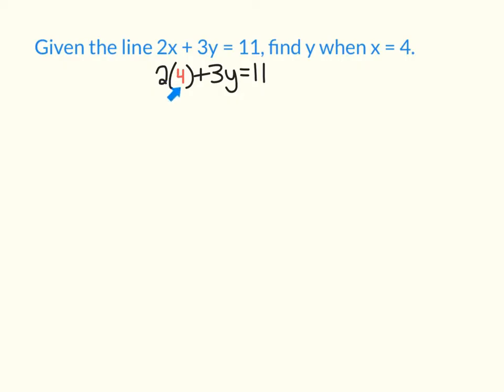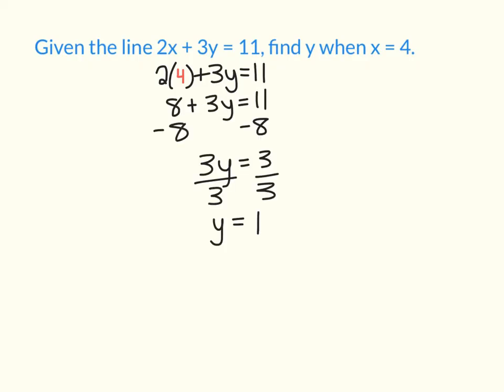So instead of writing x, I write 4, and now I only have one variable, so I can solve for y. And I get y equals 1. This tells me that given this line, when x is 4, y is 1. In other words, the point (4, 1) is on the line, or a solution to the equation.